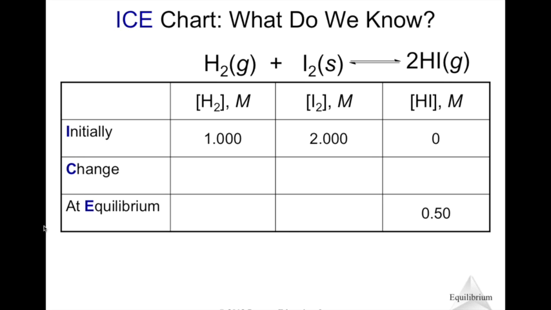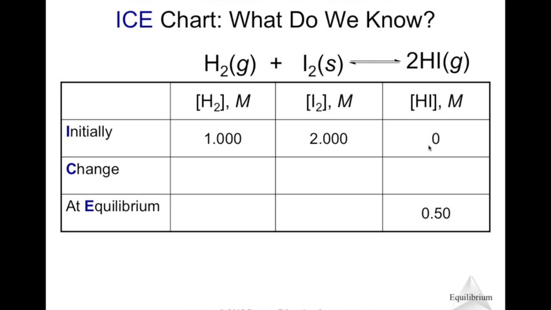What do we know? So the ICE stands for I is for initial, or initially we have, C for change, and E for equilibrium. And then I've written my reaction up here, and I tried to line everything up so it sort of makes sense to us, because that will become important. So initially we know from our problem that we have 1.000 molar, 2.00 molar, and initially we don't have any of this.